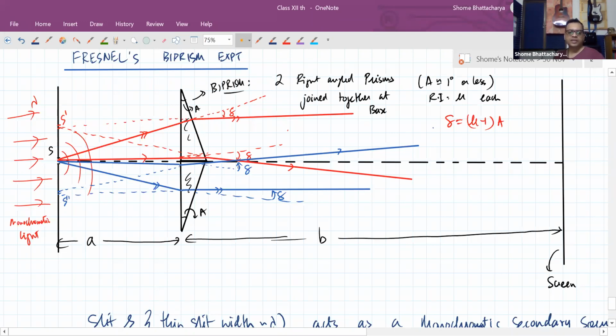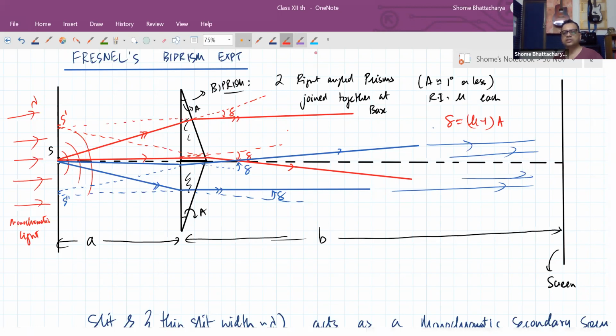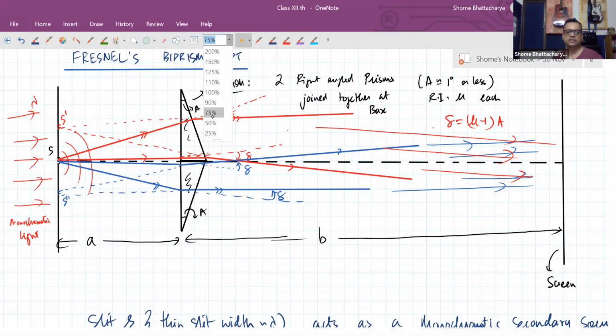So basically, S prime and S double prime act like the two virtual sources, and all this light you can see, these light beams, they are all superposed. So there is a certain region on the screen where light from both the prisms is superimposed. So that creates interference.